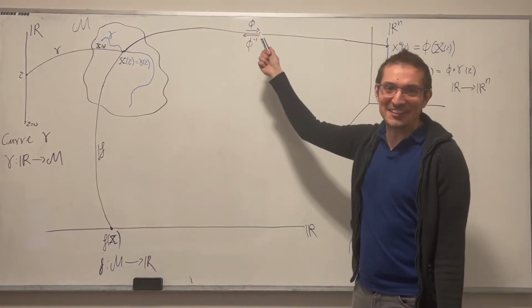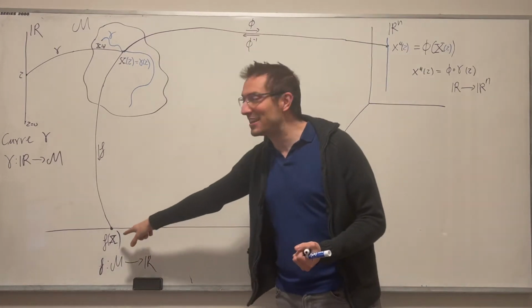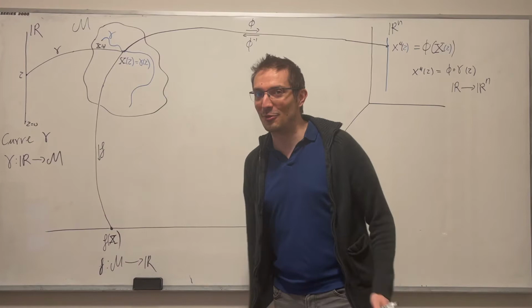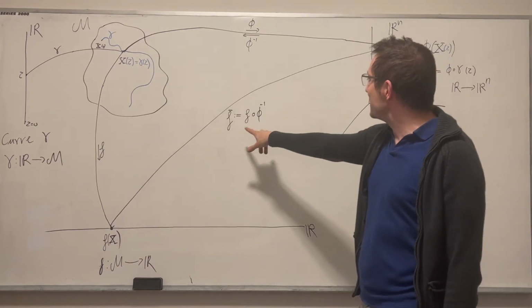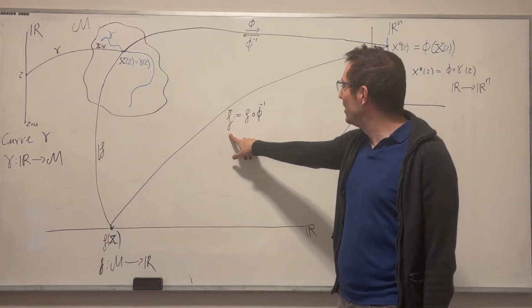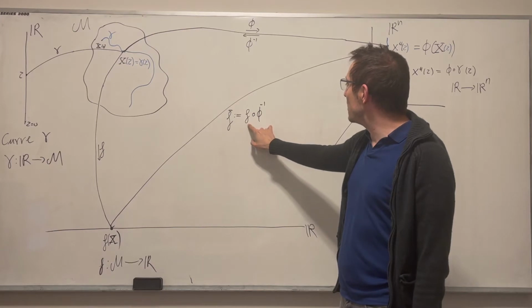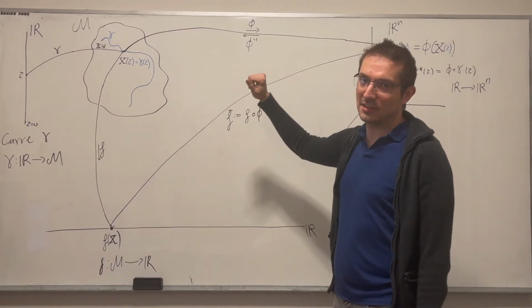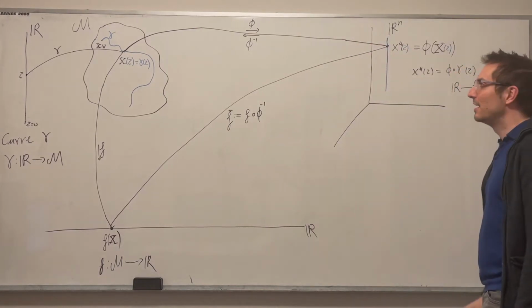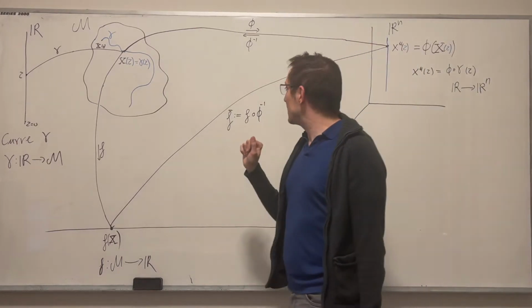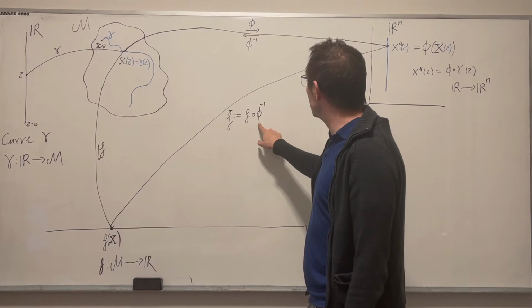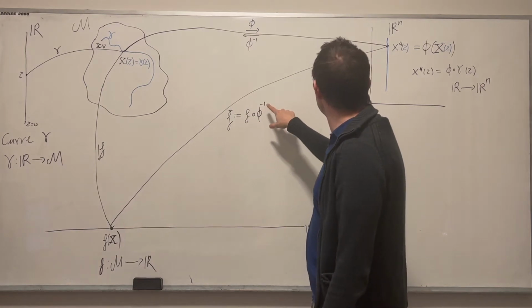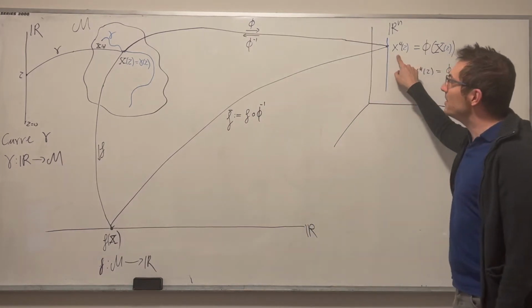So I have a chart, and I can use this chart to make sense of this function in the following way. I define a new function, f bar, which is the composition of f and the inverse of the homeomorphism in the chart that I'm using to translate to Rn. Now, look at that. What kind of function is it? What does it do? Okay, so phi minus 1 goes from Rn to the manifold.